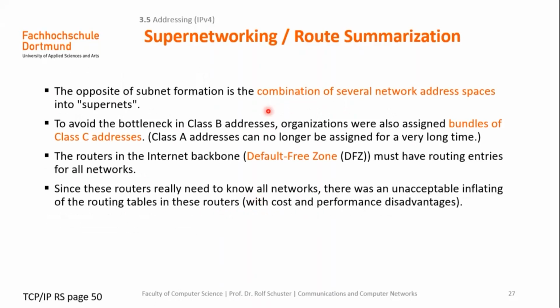Well, the opposite of subnetting is supernetting, and in that case we use a net mask that is shorter than the default net mask of the class. Supernetting is used basically to identify the routes in the routing table, and then we could perform what we call route summarization or route aggregation.